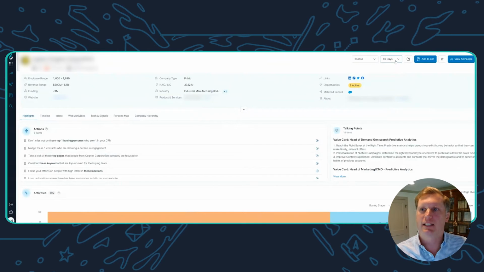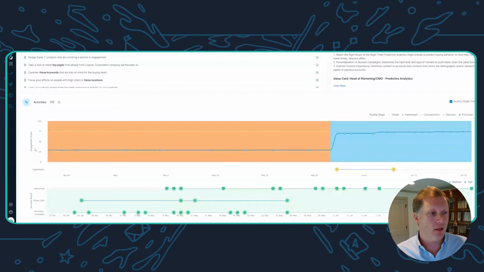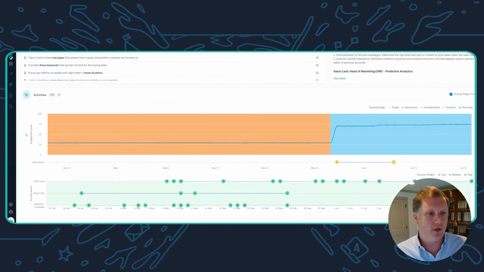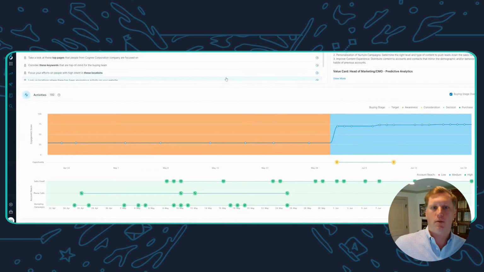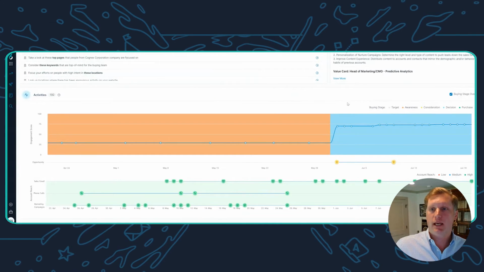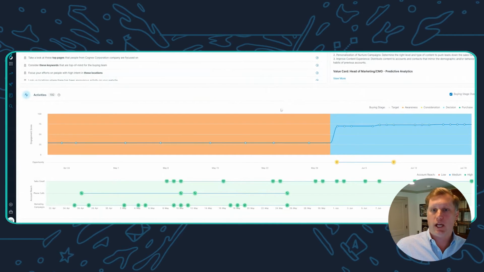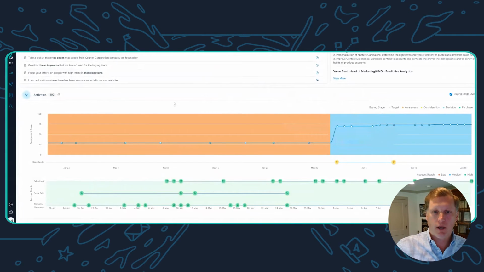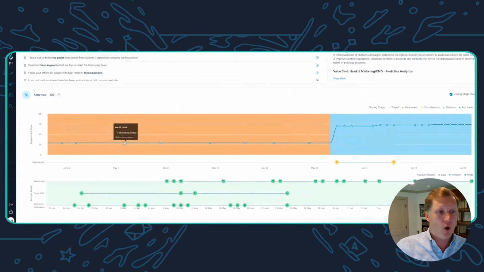I'm looking at the last 60 days, and I love looking at this activities view. So what this is showing me is a number of things. First, it's showing me over the last 60 days, how has that 6sense buying stage changed? And we can see here it's gone from awareness to decision. And then I can get a sense of what's been going on at this account.